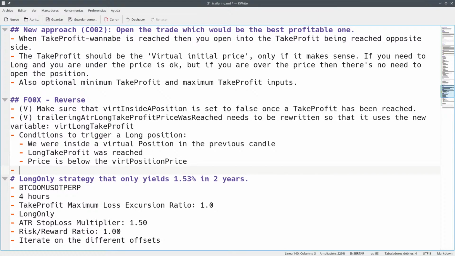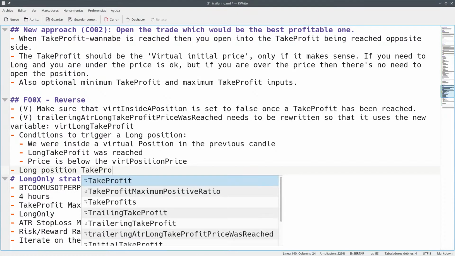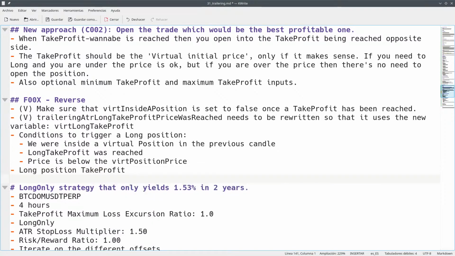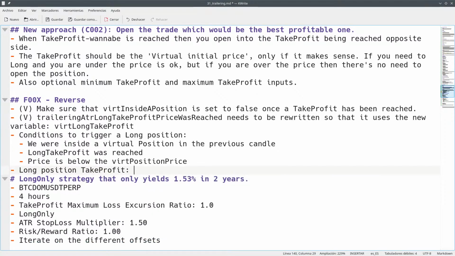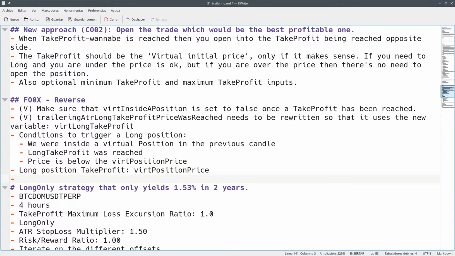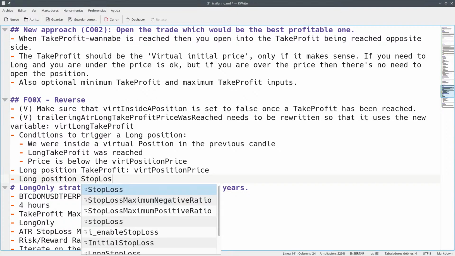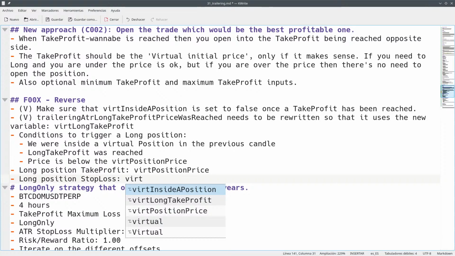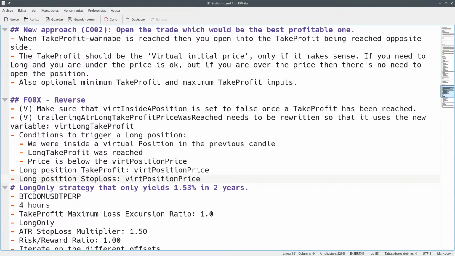So long position take profit, bear position price, and long position stop loss, bear position price, something right here.